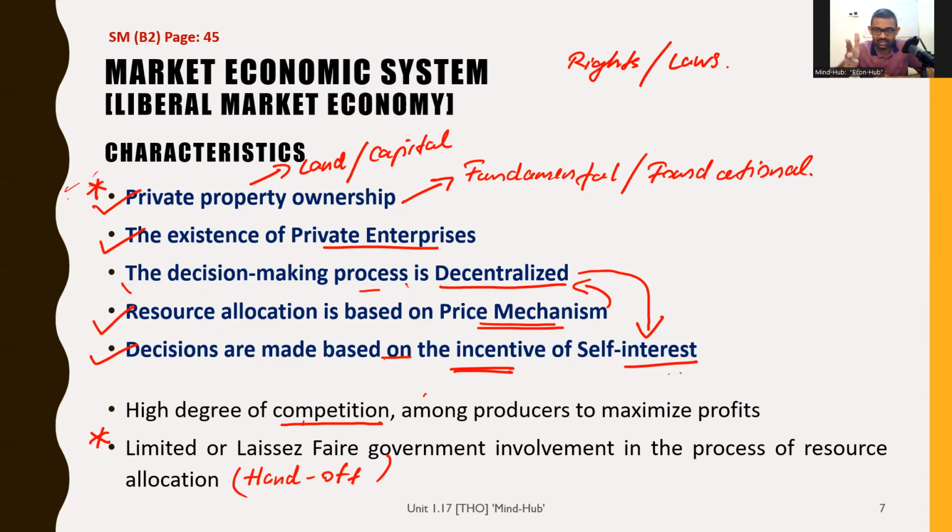Okay, fine. So the government has to define, establish, and protect private property rights. Only if the government does so, can we have a market economic system.